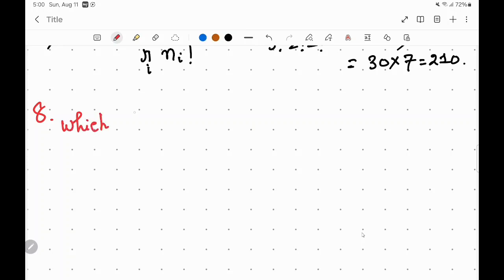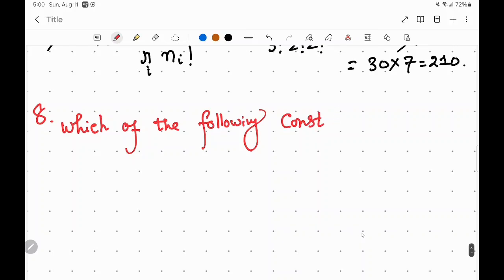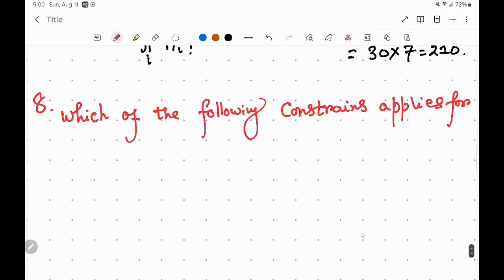Which of the following constraints applies for the dominating configuration? The dominating configuration is given here.